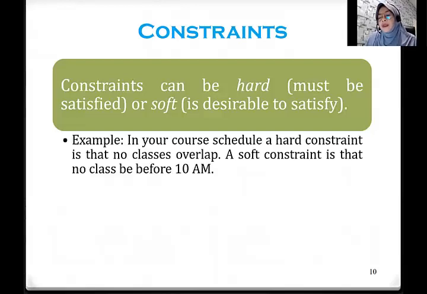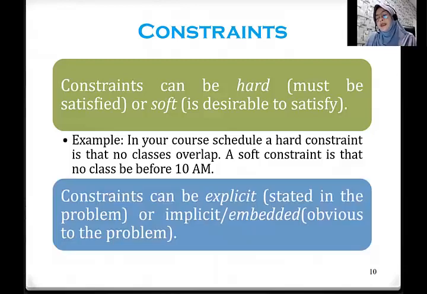For example, in your course schedule, a hard constraint is that no classes overlap, but a soft constraint is that no class is before 10 a.m. That means we wish that our class is not before 10 a.m. Constraints can also be explicit, that is, stated in the problem, or implicit, that is, embedded or obvious to the problem.